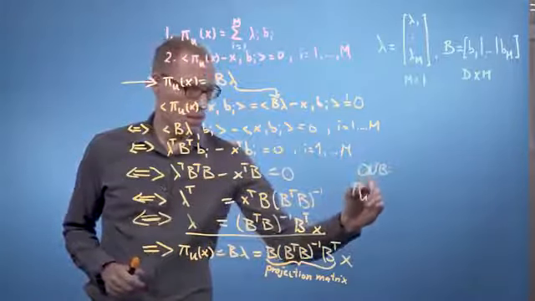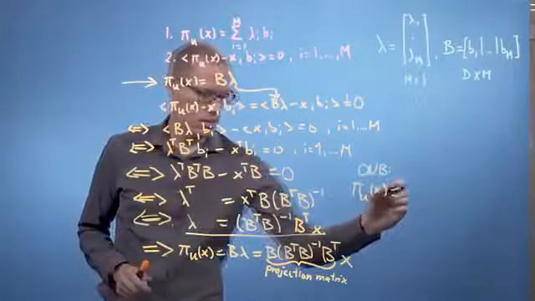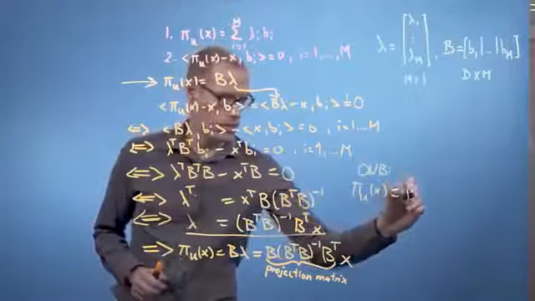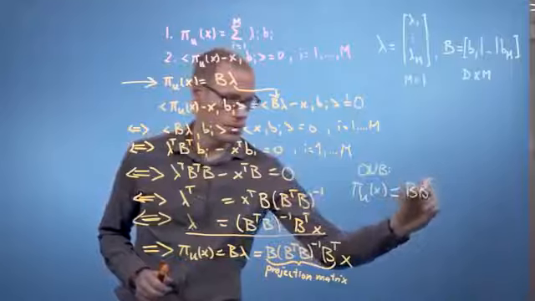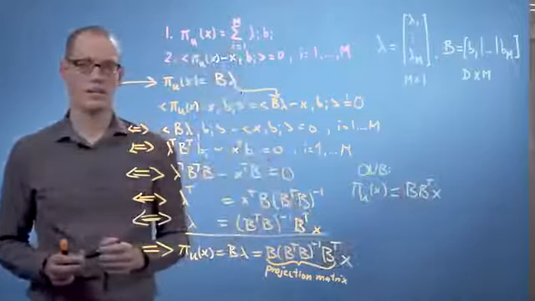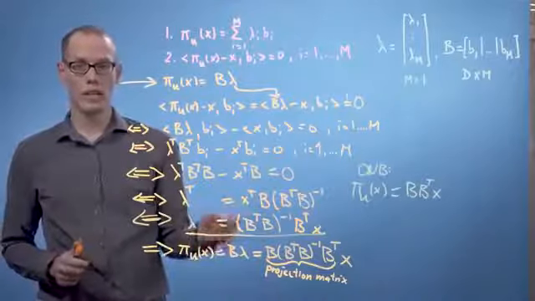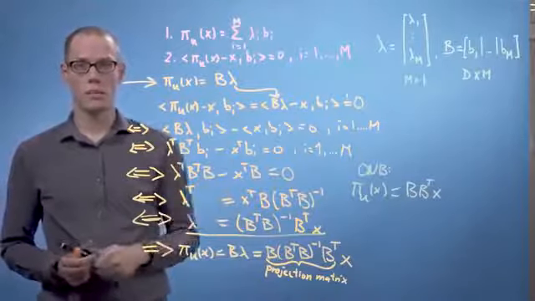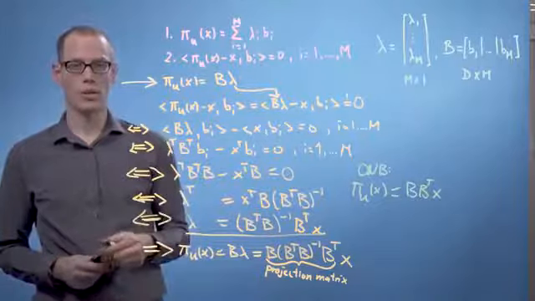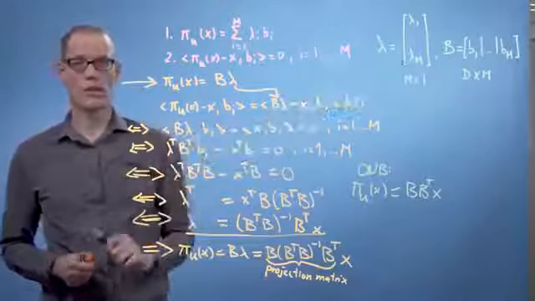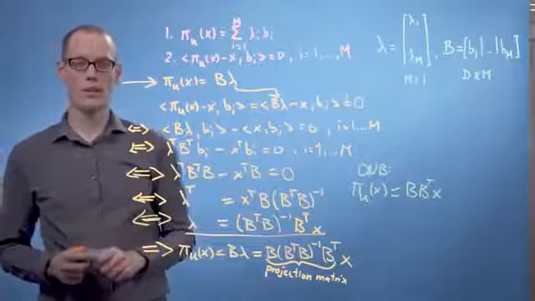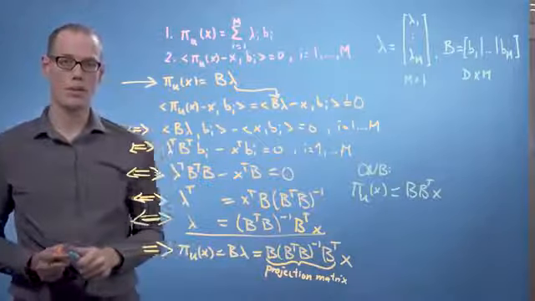So we would get pi u of x is B times B transpose times x. The projected vector pi u of x is still a vector in R^d, but we only require m coordinates, the lambda vector over here, to represent it as a linear combination of the basis vectors of the subspace U.